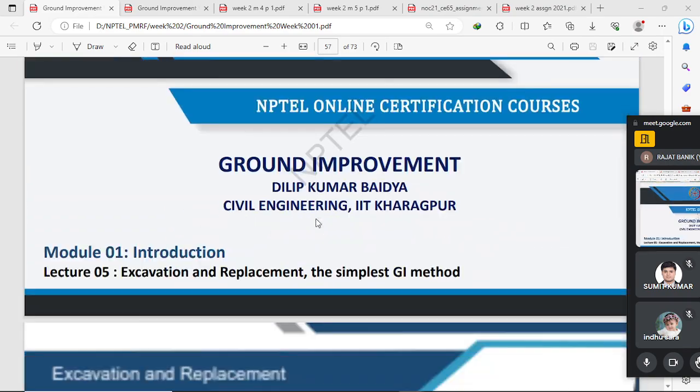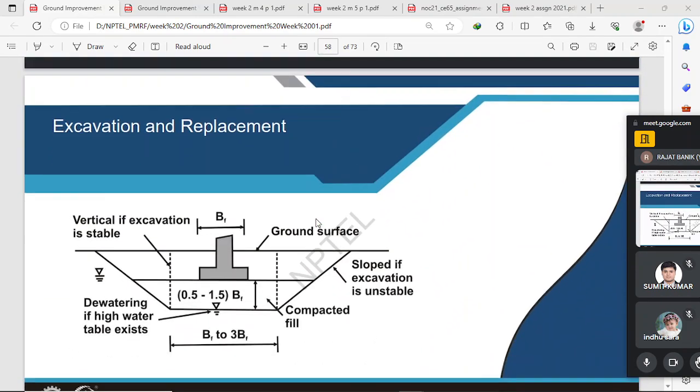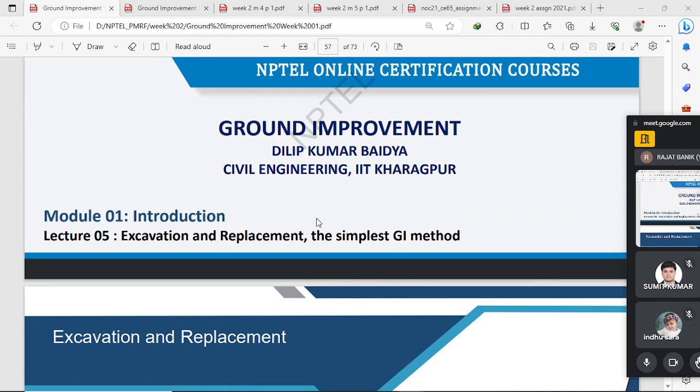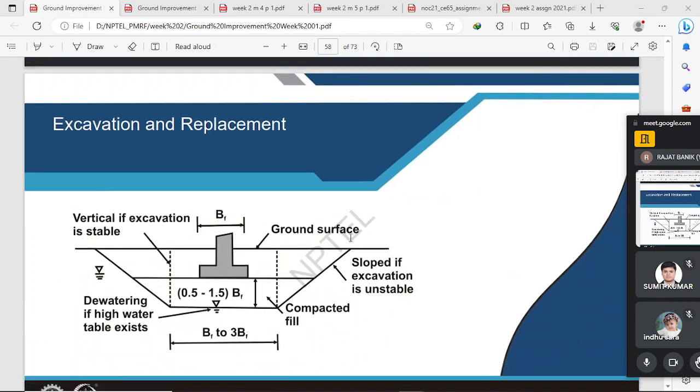Then in lecture 5, we see one of the previously discussed techniques, which is the excavation replacement technique, where we learn how much depth of the problematic soil is excavated and how much width we replace.